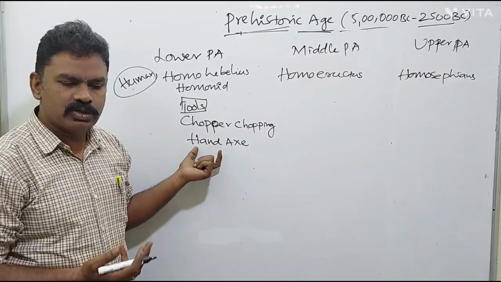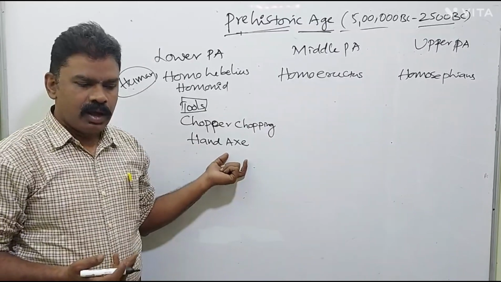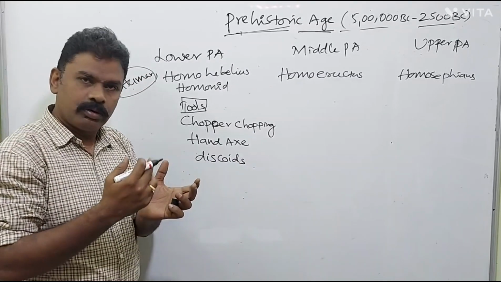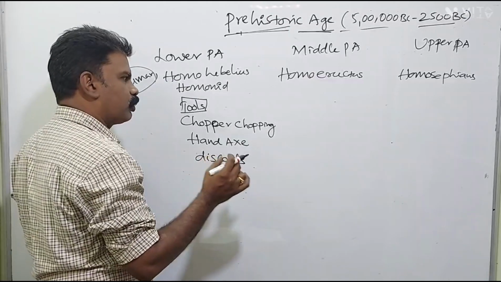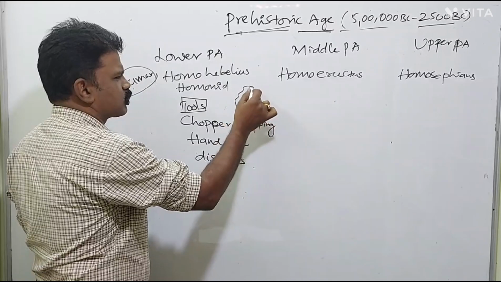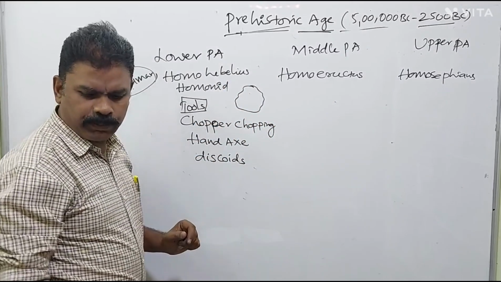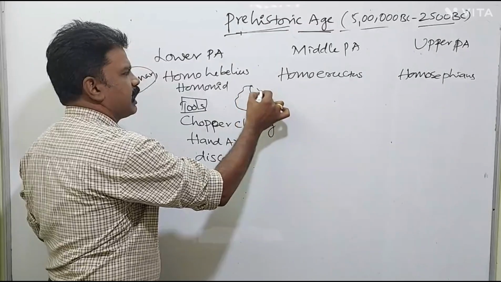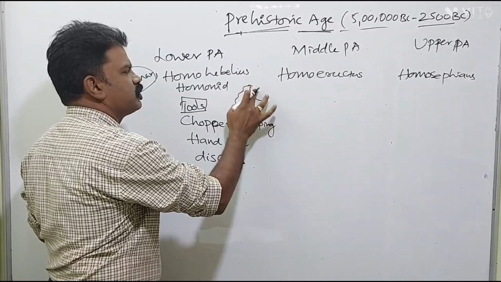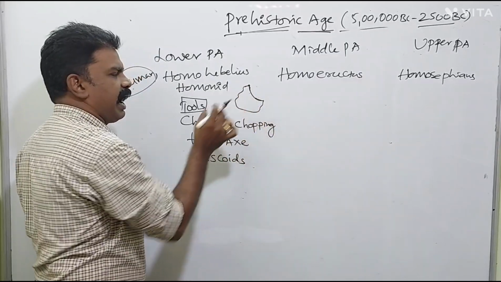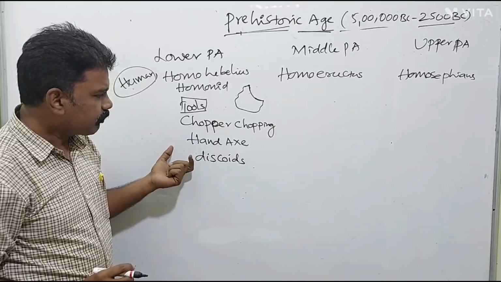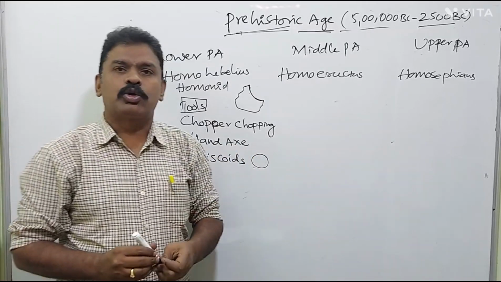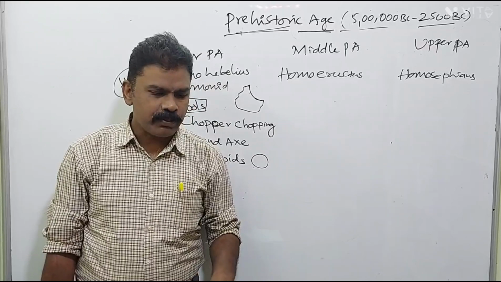He used hand axes and discoids, disc-shaped tools. For example, if a chip is removed from a big stone like this, it will become a hand axe. Disc-shaped tools have been found here.